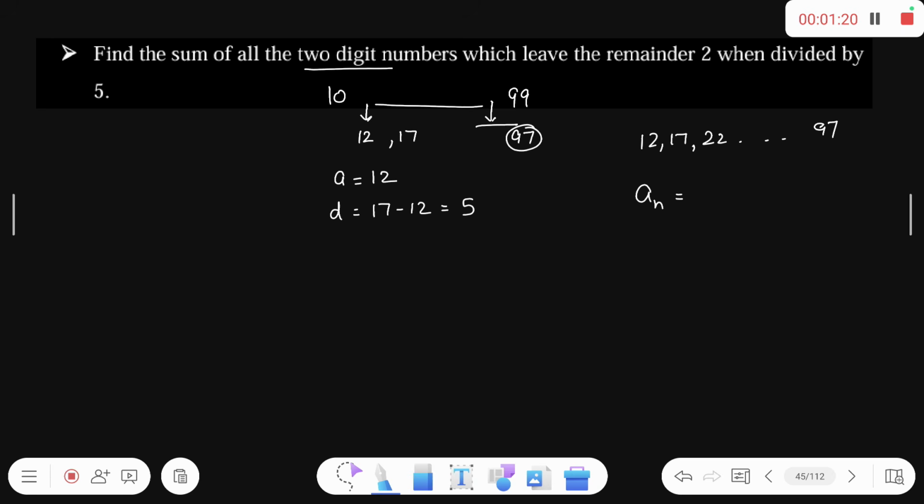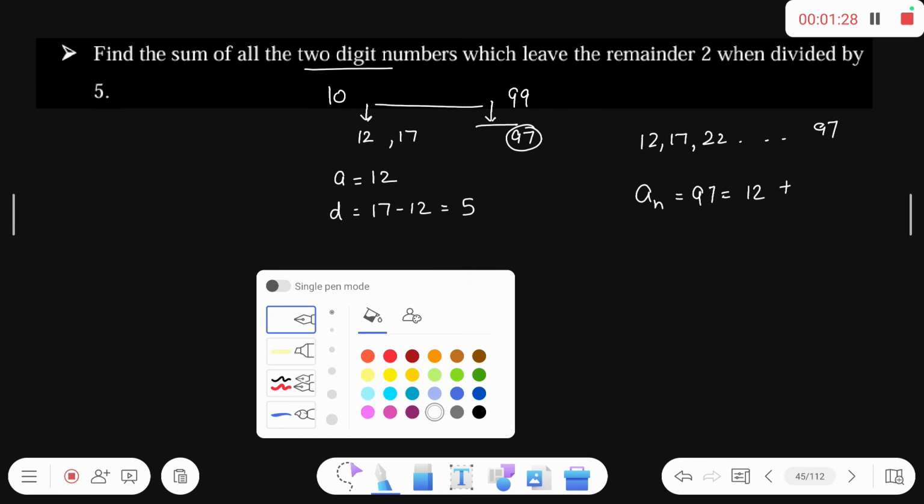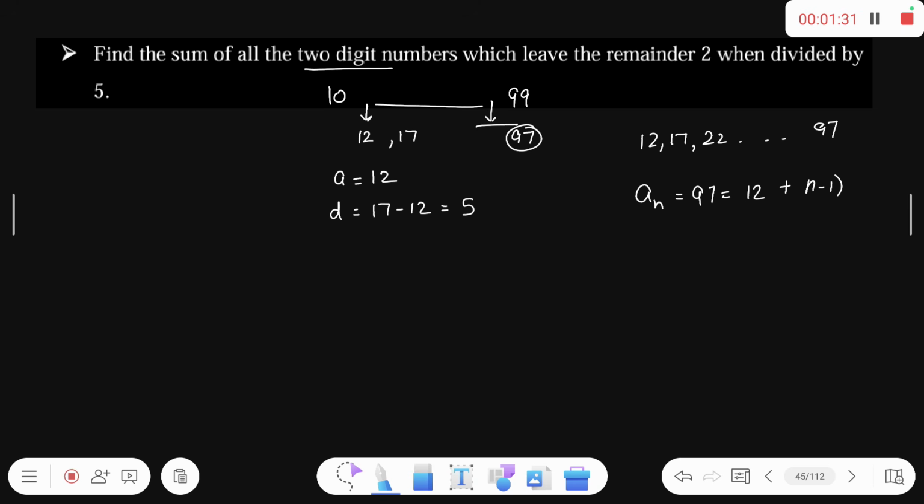An is equal to 97 is equal to 12 plus n minus 1 into 5. Subtracting, you will get 85 divided by 5, n minus 1, or n is equal to 18.